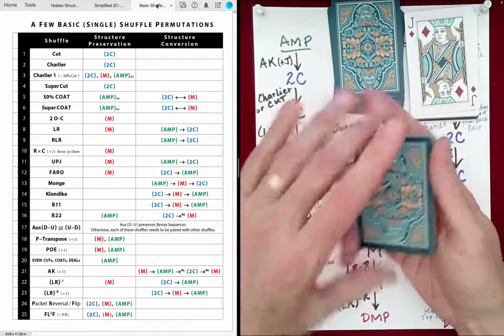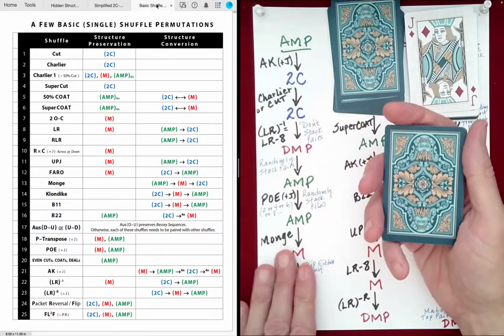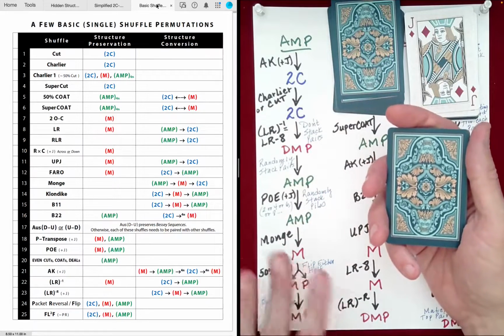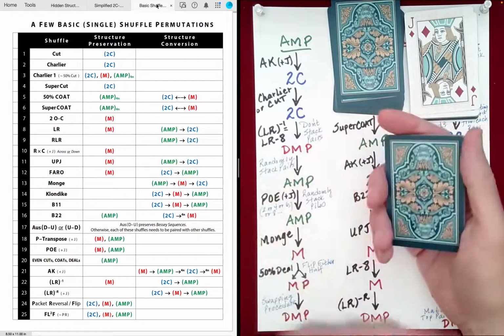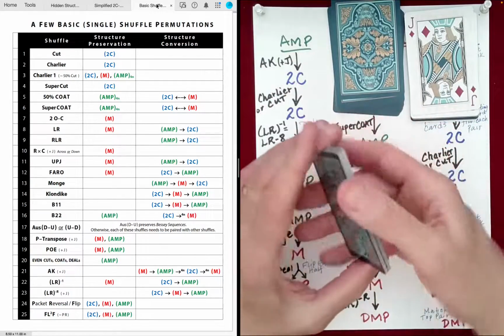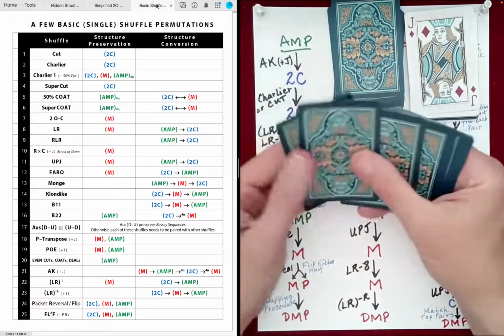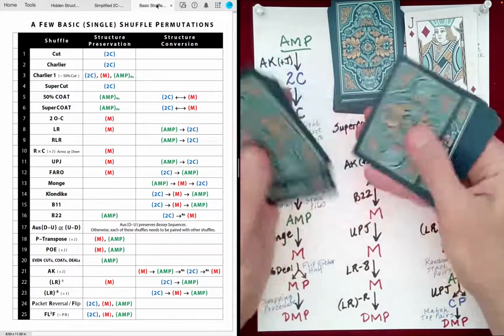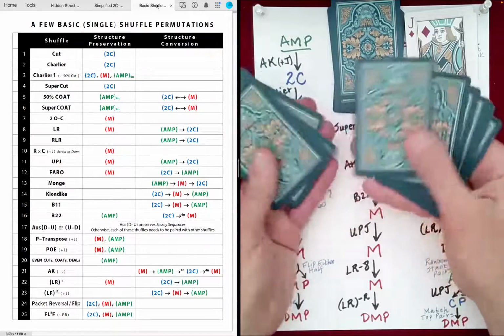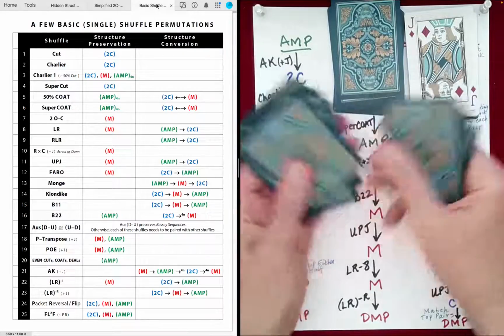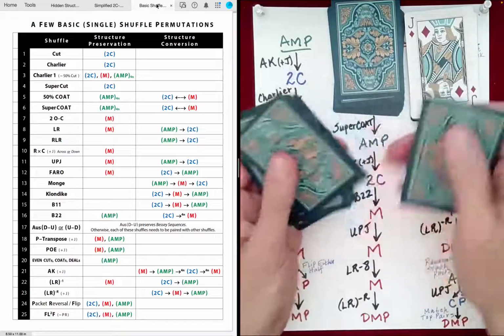And if you remember, the mange shuffle comes in 2 varieties, an over-under and an under-over. And you can give the spectator that choice. So maybe they'll go with the over-under, over-under, over-under, and so on.